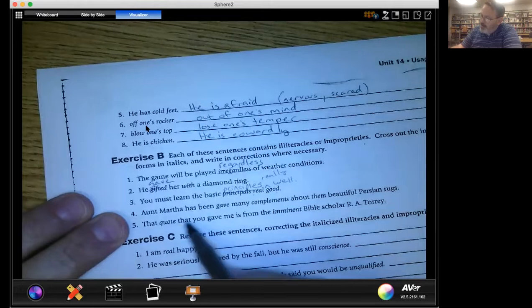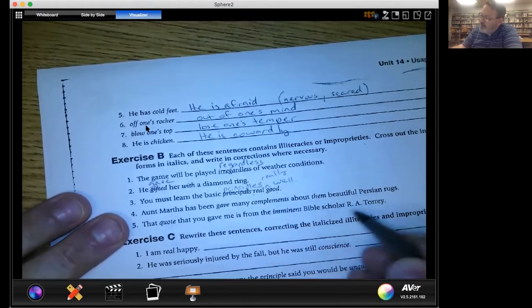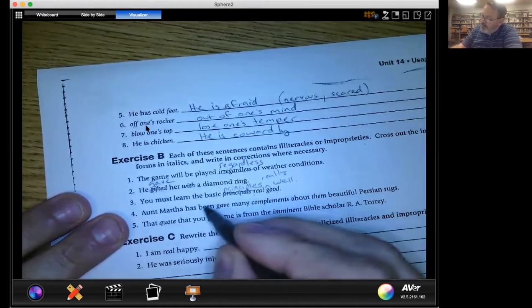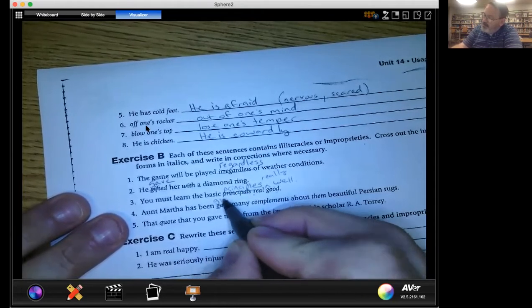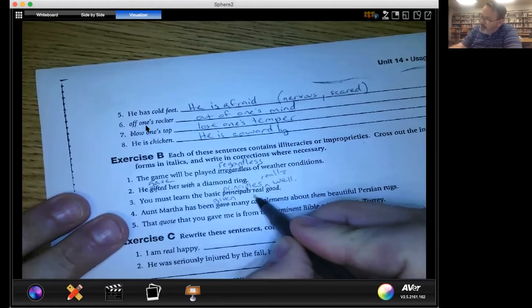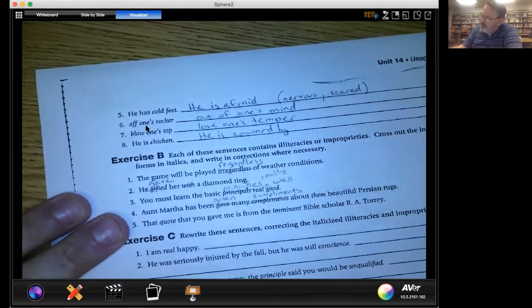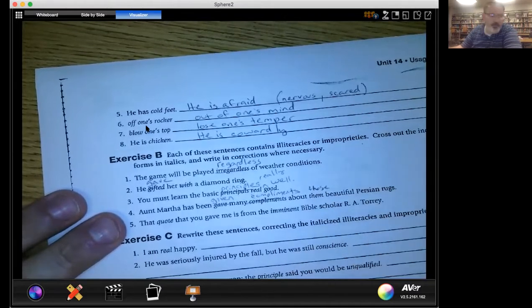Aunt Martha has gave many compliments about them beautiful Persian rugs. Aunt Martha gave, not, oh, has been gave. That would be has been given. Many compliments, misspelled, about those beautiful Persian rugs. Okay?